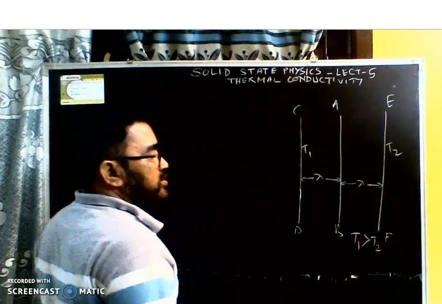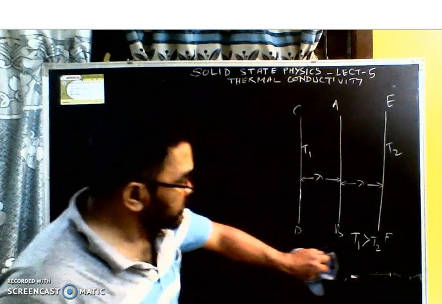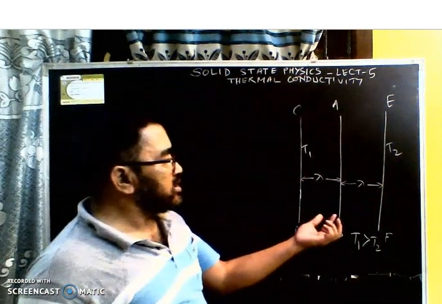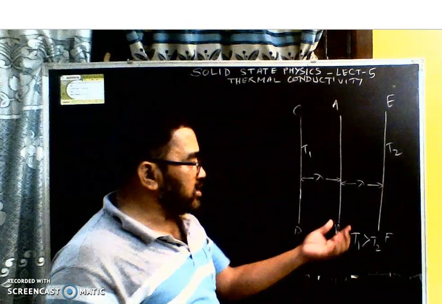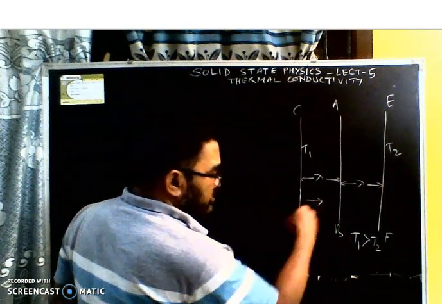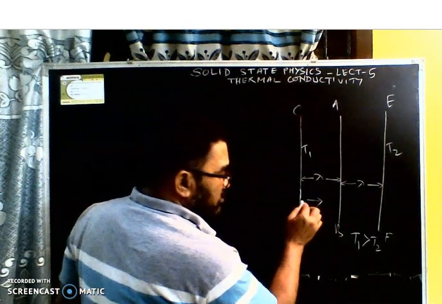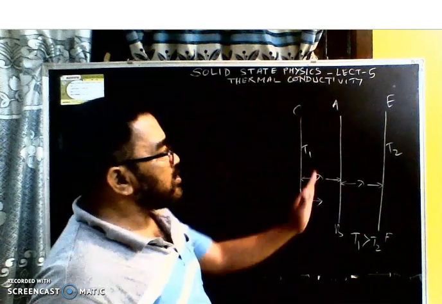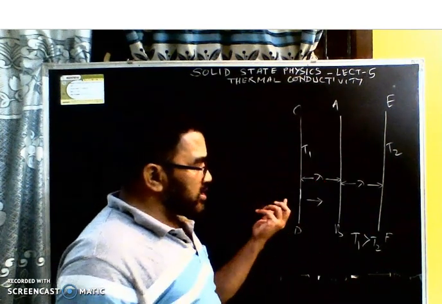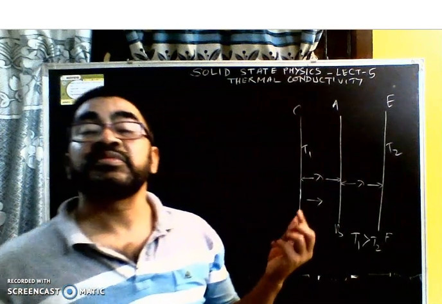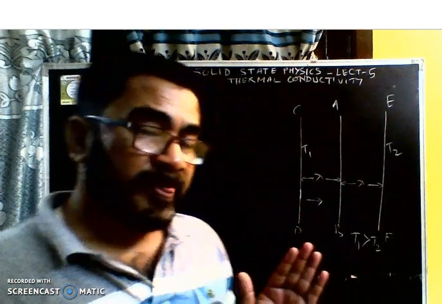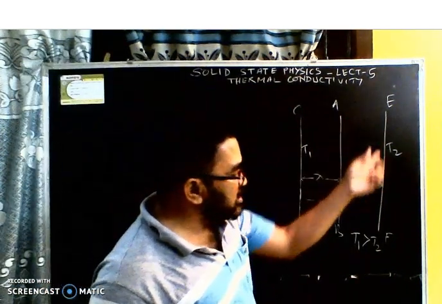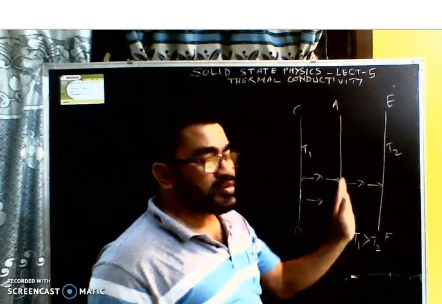We are considering this conductor and heat flows in this direction. Heat is flowing from this to this. So all the electrons towards this side will have some higher kinetic energy, and all the electrons towards EF will have some lower kinetic energy.